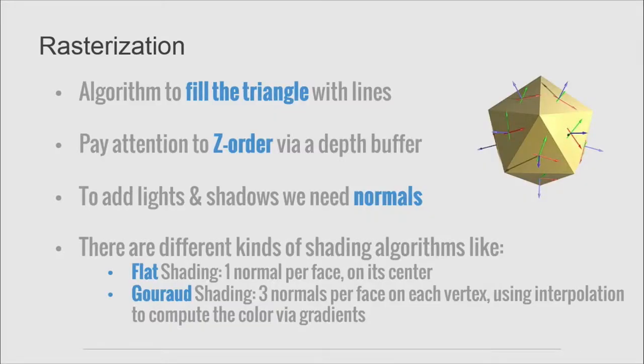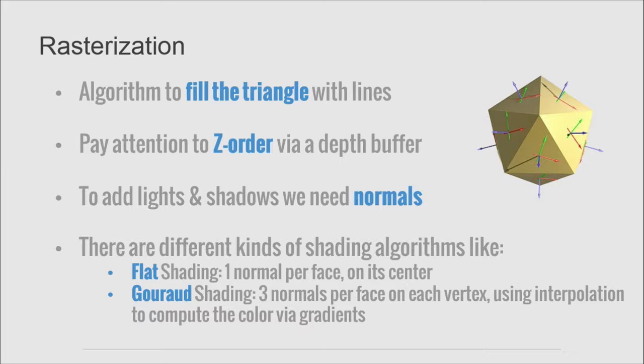So you need to fill the triangles with lines, so you're going to draw inside a triangle. Then you must pay attention to the Z order, which means that when you draw a triangle, you don't know by default if this triangle is in front of or behind another one in the future. So you need to know the Z position of this triangle. You need to add lights and shadows. For that, we need what we call normals. There are three different kinds of shading algorithms.